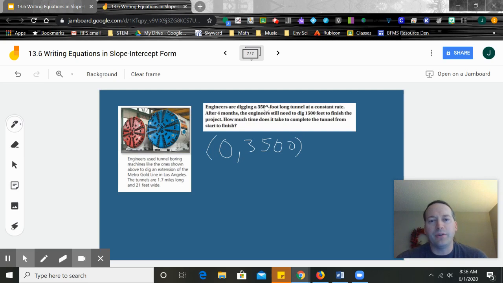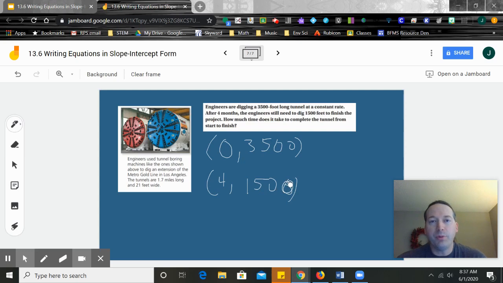And then each day they're digging away, and then they magically get to 1,500 feet away. Well, after 4 months, they are 1,500 feet from the end. Okay, so our starting point is 0, 3,500. Our ending point is 4, 1,500.